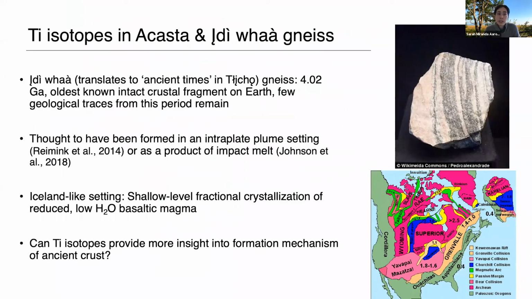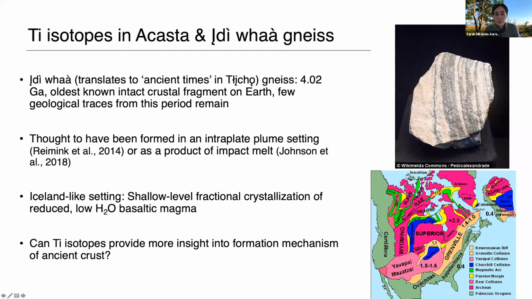So we measured the titanium isotope composition in rocks from the Acasta Gneiss. Itawa translates to ancient times in Tlicho, which is the language of the indigenous people who live in this area of Canada. This is from the Slave Craton, in the Northwest Territories in Canada, way up here.